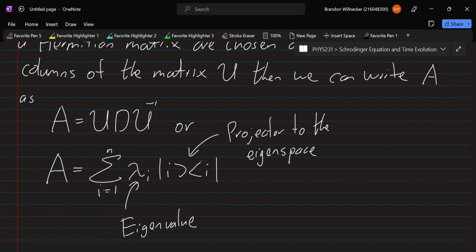We could write it in these two ways. Now, we're going to be using both of these methods to solve the given problem. The first way, using this U D U inverse, is going to be left as a homework exercise. The second way, I'm going to go through now.